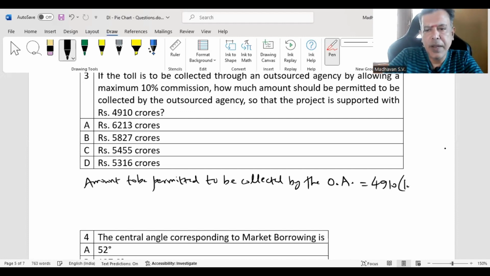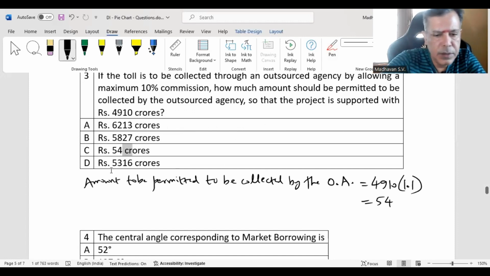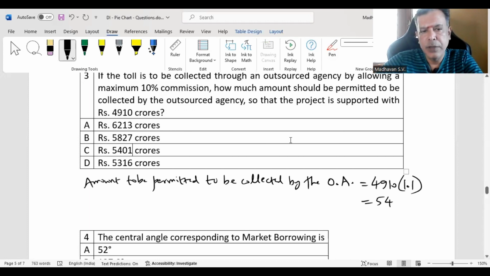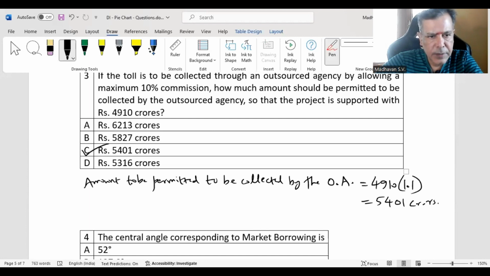So I will just multiply it by 1.1 to arrive at 5,401 crores. That is the solution. So our option is C.